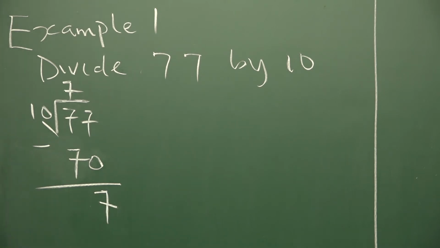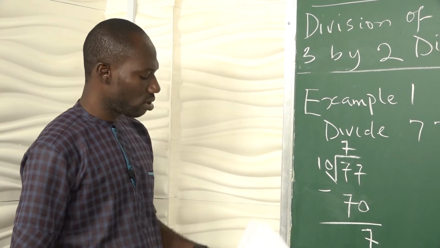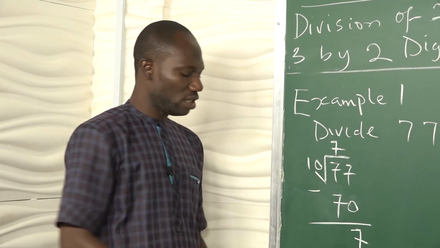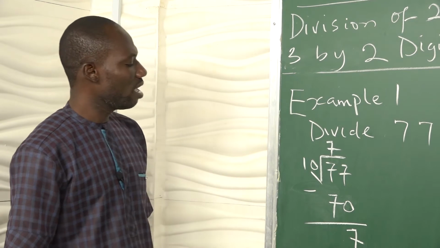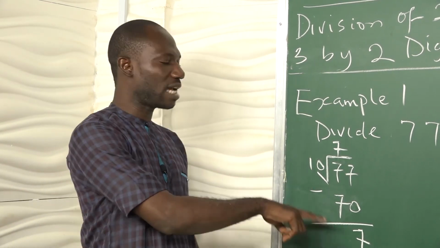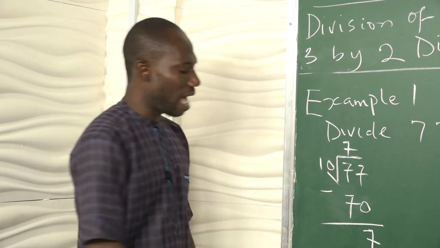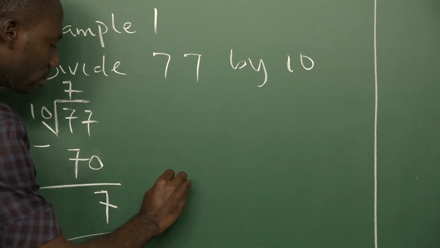So if we have 7, the next thing we have to do is find out how many times 10 goes into 7. How many times does 10 go into 7? You know it's 0 times because 10 cannot go into 7. So we'll just stop at that level.